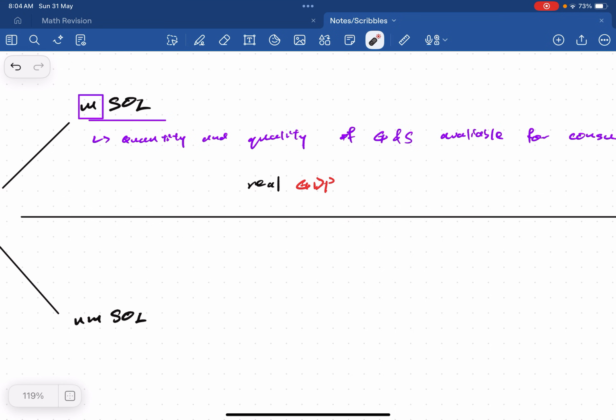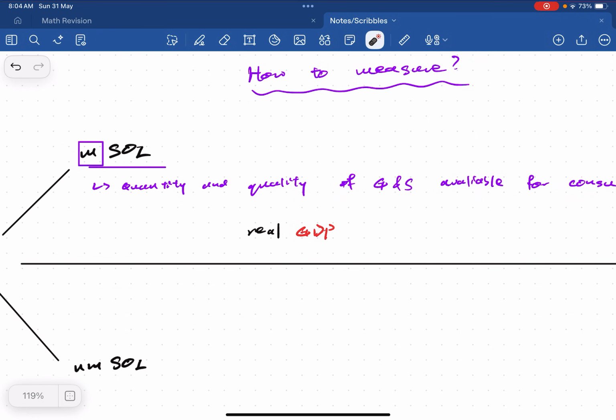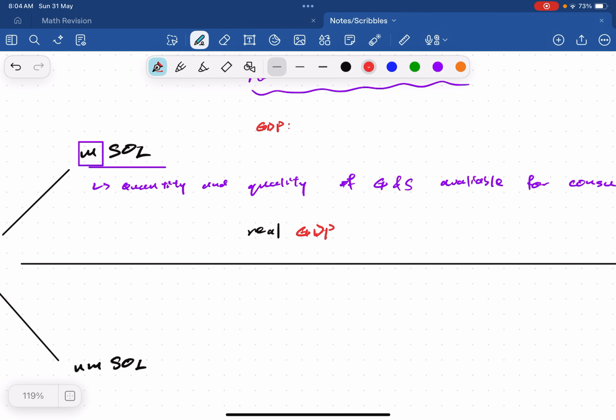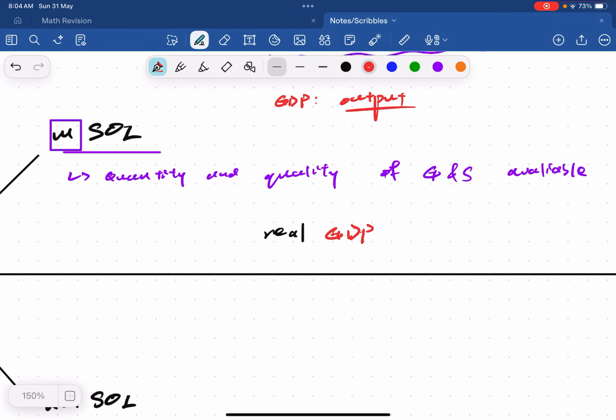Okay, this is because ultimately, what am I measuring with GDP? GDP is ultimately a measure of outputs of an economy. That's why it's the market value of final goods and services produced. I'm talking about productive output. So with real national output and real national income, I'm measuring the value of output.